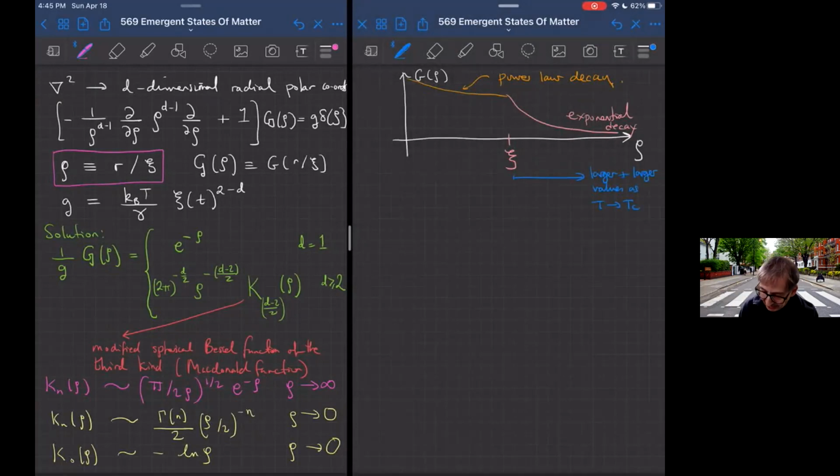And what you are left with is only power law decay of correlations.